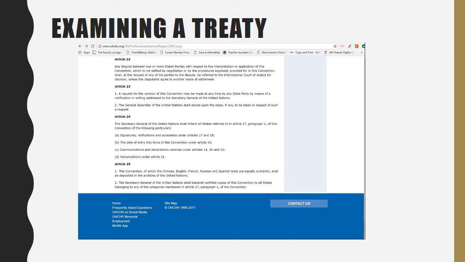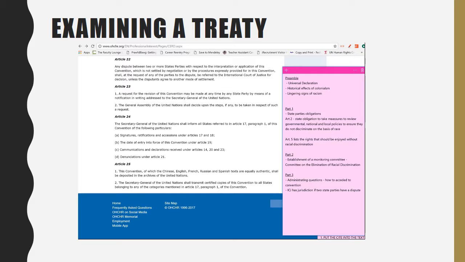So if I were going to somehow represent this, I might put together a quick outline of the treaty showing that there's a preamble referring to some important parts of the historic times coming up to the signing of the treaty. And then part 1 seems to have the state parties' obligations. I looked at part 2 and 5 in particular.